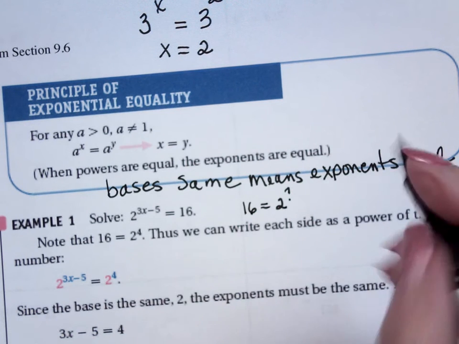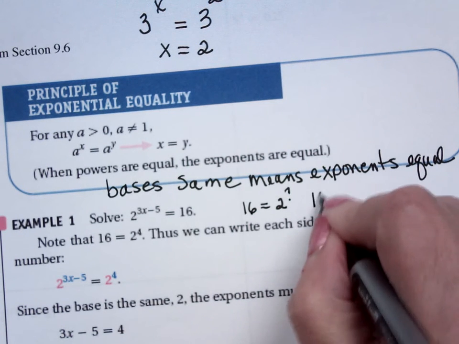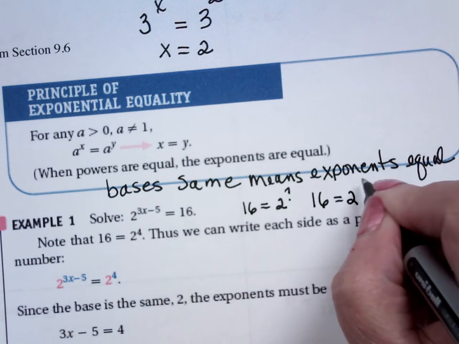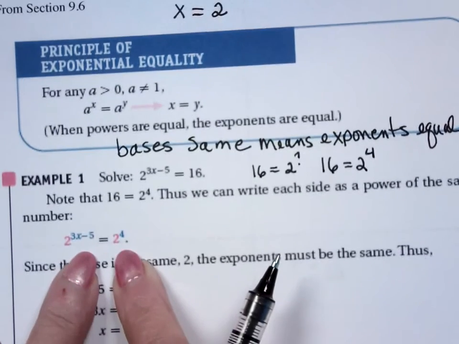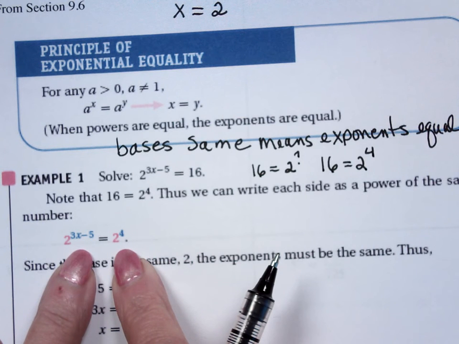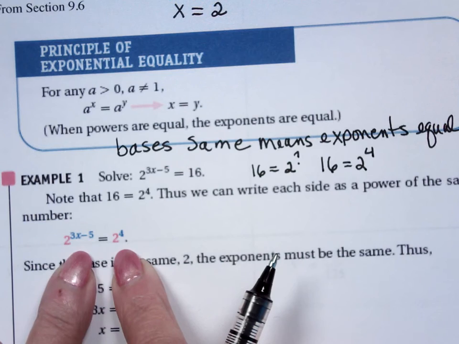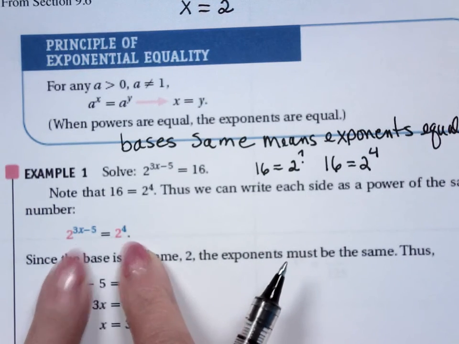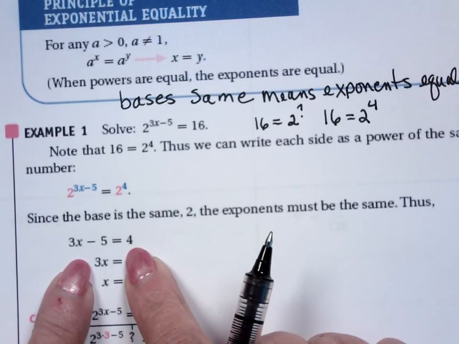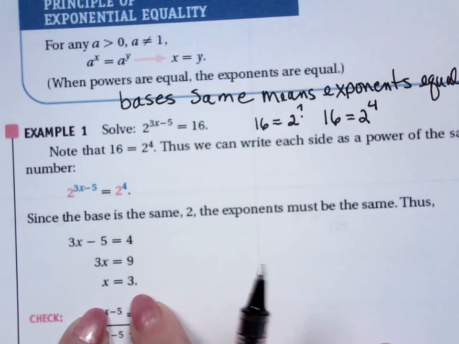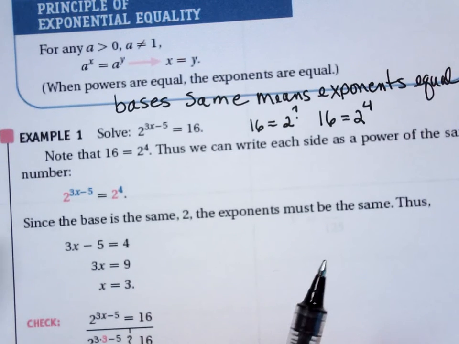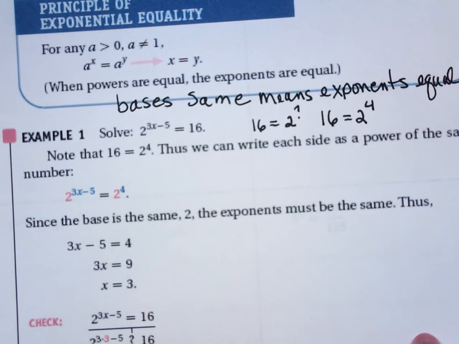Our powers table says 16 is 2 to the 4th. So I can rewrite the equation as 2 to the 3x minus 5 equals 2 to the 4th. If the bases are the same, then the exponents must be equal, so 3x minus 5 equals 4, 3x equals 9, x equals 3, and then you can check your answer if you would like.